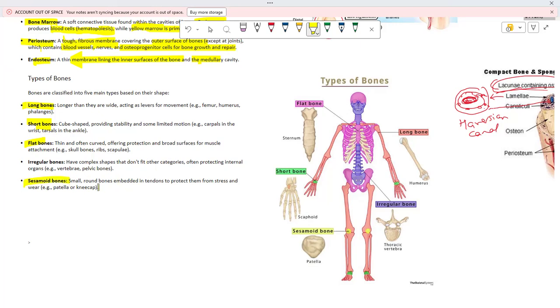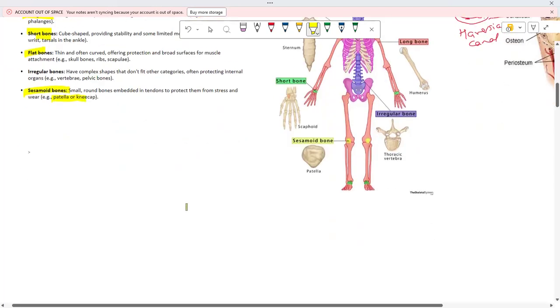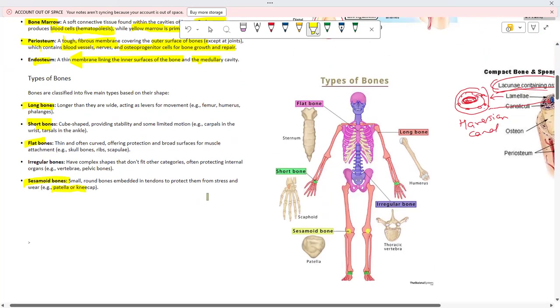They are small, round bones embedded in tendons to protect them from stress and wear. For example, the patella, the kneecap. Okay, the kneecap is a sesamoid bone because it's embedded within the tendon, right? So those are the types of bones that you come across.